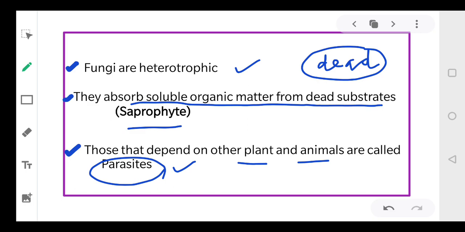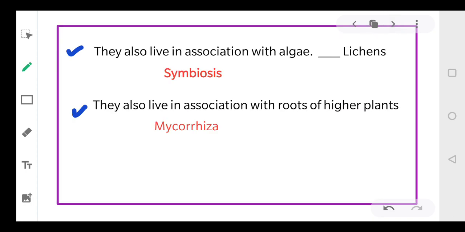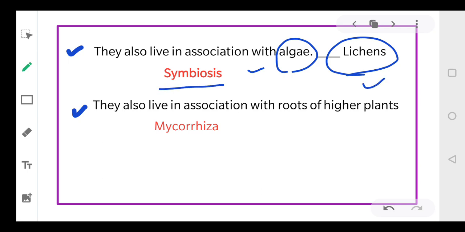So they are observed to be living on other plants and animals, so they are also parasitic in nature. Then some of the fungi are found in association with algae. So algae plus fungi will form the lichens. What are lichens? The association of fungi with algae is called lichens, and this association is called symbiosis.